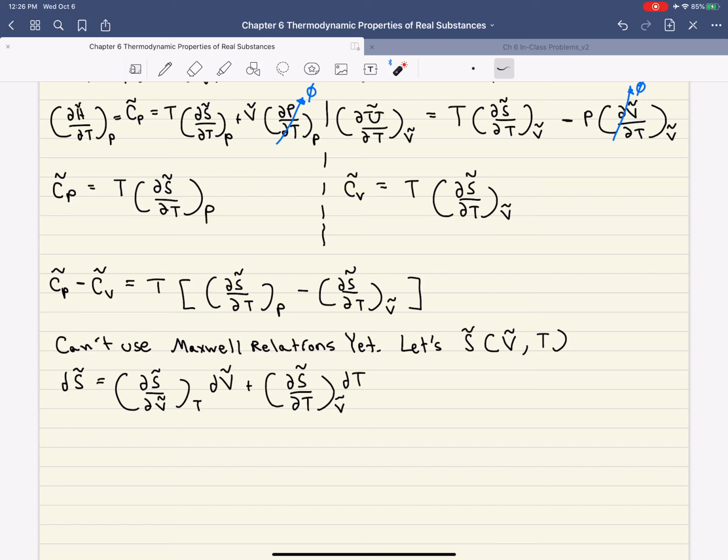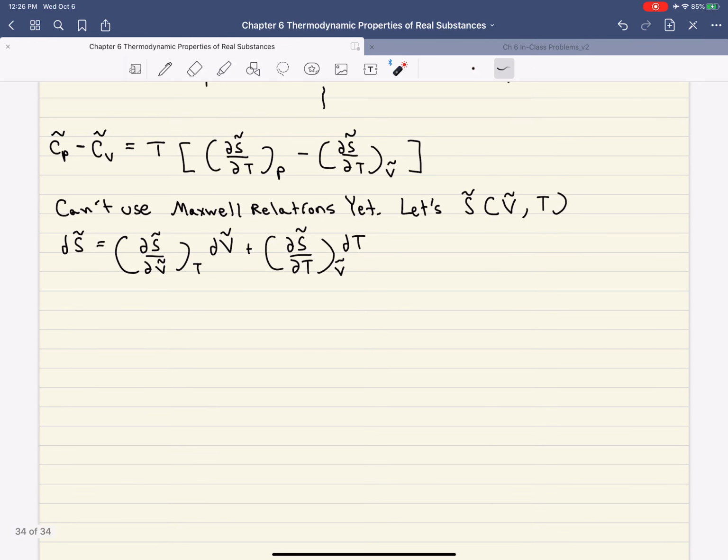But if we look back at our Cp minus Cv equation, we want a dS dT at constant P as well. Okay? And so if we start out by saying entropy is a function of volume and temperature, for that dS dT at constant P, what we want to use is the expansion rule in order to redefine it in terms of pressure.